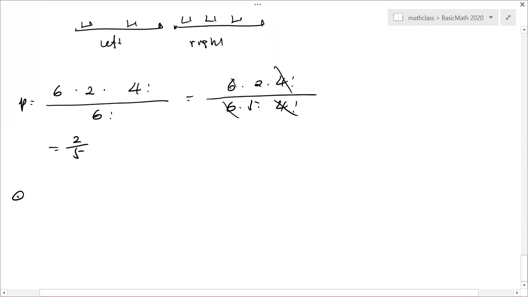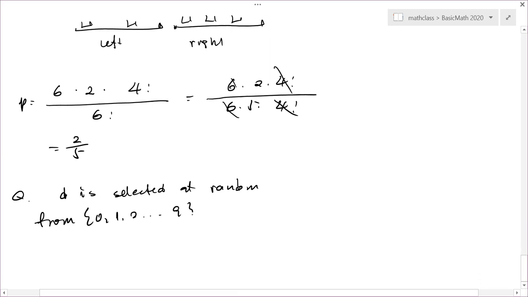Our next problem: D is selected at random from all the digits.